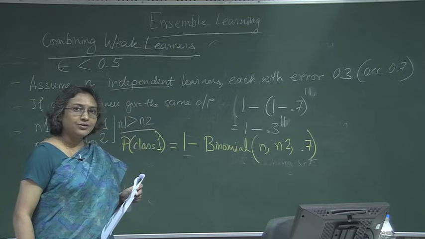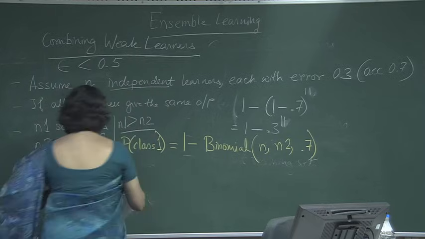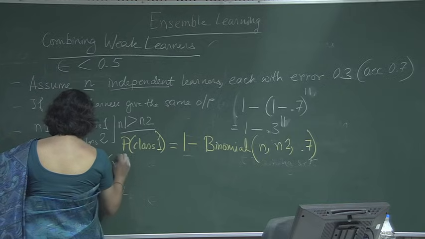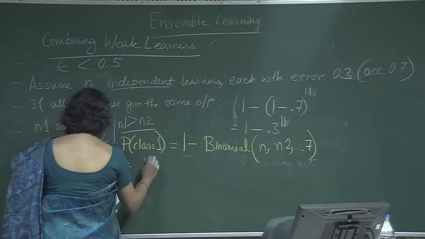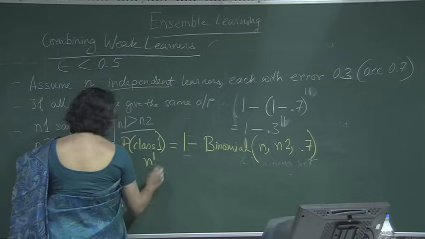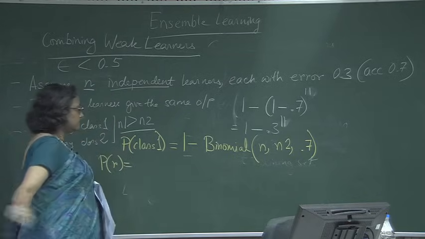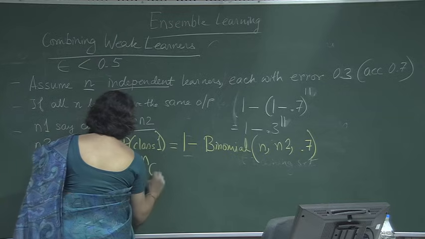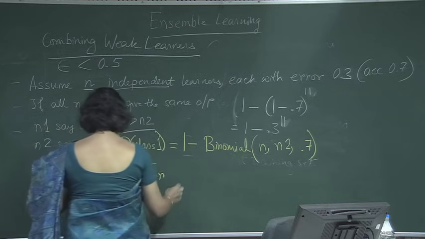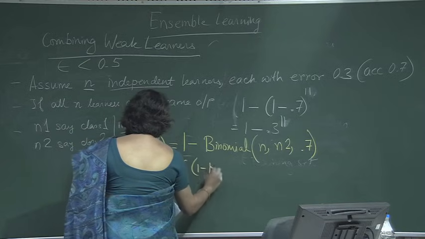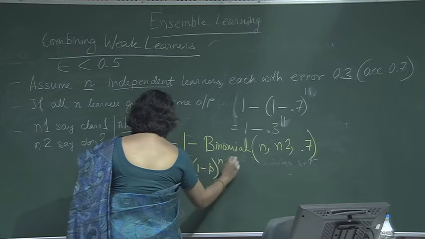And the binomial distribution is given by probability of r equal to nCr p to the power r times 1 minus p to the power n minus r.